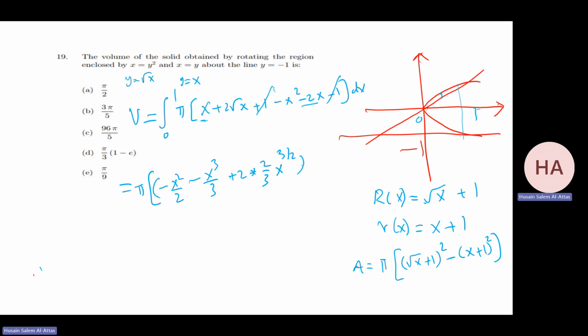And that from 0 to 1. So it will be pi times what? Now substitute. I have minus half, minus 1 over 3, plus 4 over 3. So it's very clear I have 1 minus half, that will be half. So it will be pi over 2.